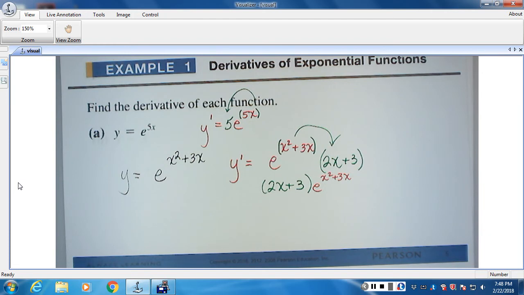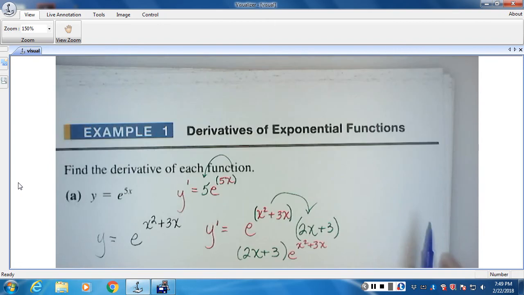It doesn't matter the order the two pieces come in. So, like in y equals e to the 5x, if it's just got one variable, y prime would be 5e to the 5x.